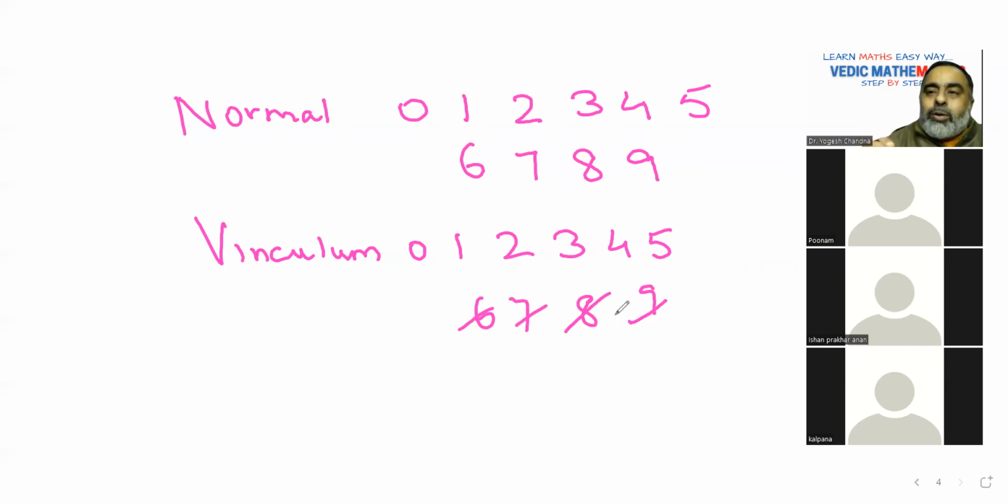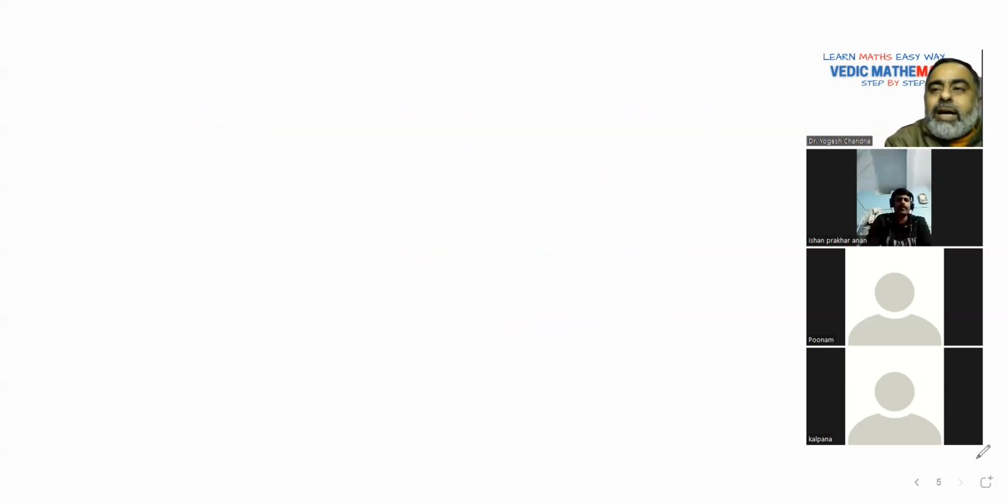So what we'll do in Vedic maths is that when we have to perform bigger calculations, we'll convert a normal number to vinculum so that our calculations become simpler and easier. But first, we need to understand vinculum numbers, how they are.